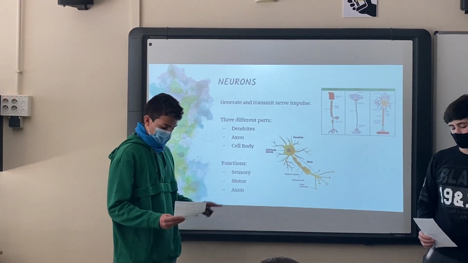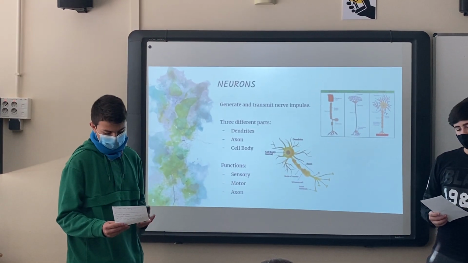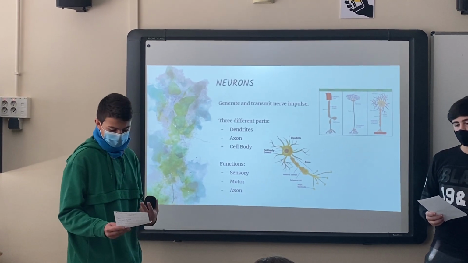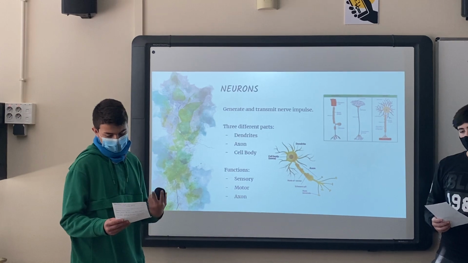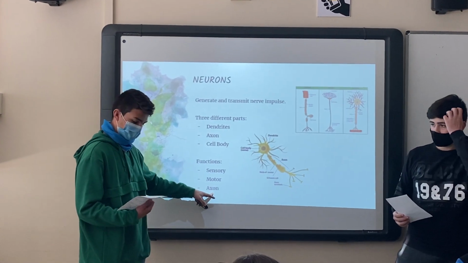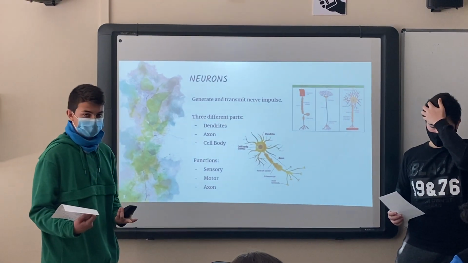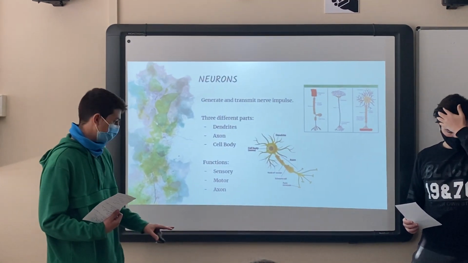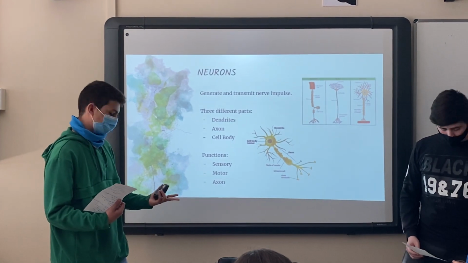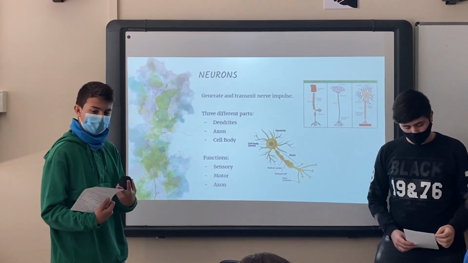The motor neurons send information from the CNS to the effectors and cause muscle contraction and gland secretions. Finally, the relay neurons connect sensory and motor neurons.